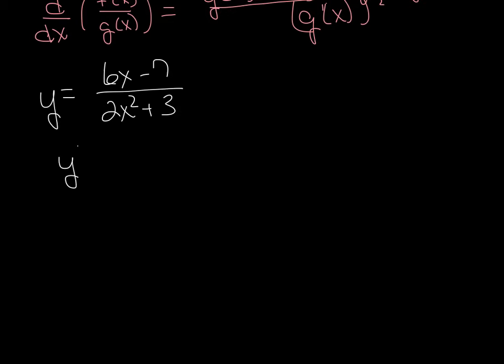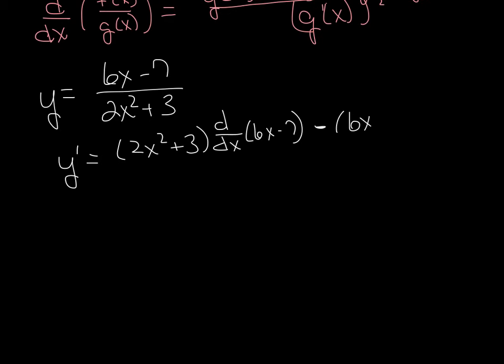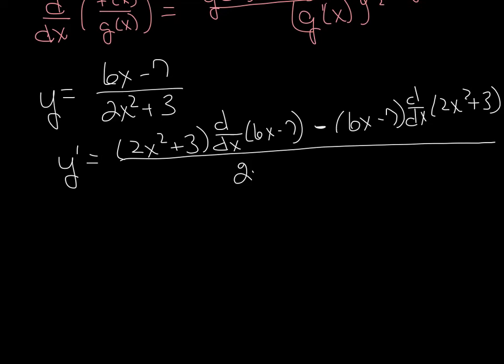So y prime equals the denominator times the derivative of the numerator minus the numerator times the derivative of the denominator. And don't forget, that's all over the denominator squared, which in most cases you'll never have to multiply out.